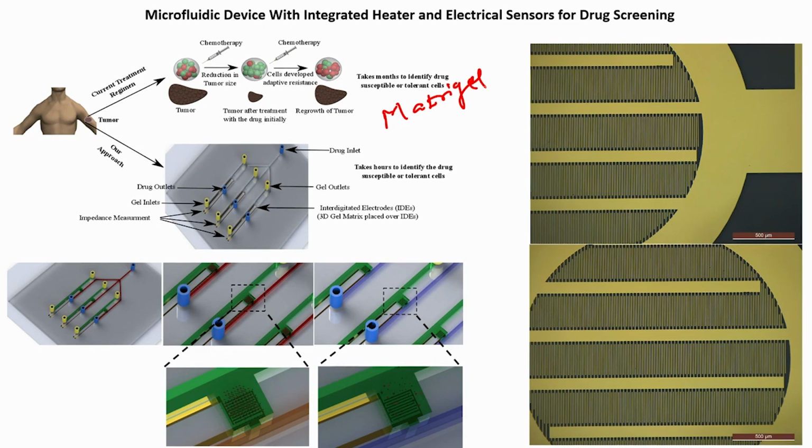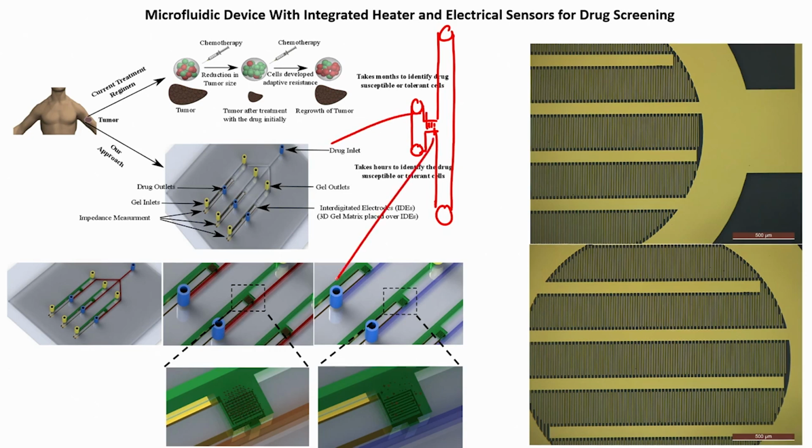Second thing, if I have a microfluidic chip like this, and below it, if I magnify this particular section, there are interdigitated electrodes below the chip, like this. So now you have interdigitated electrodes.